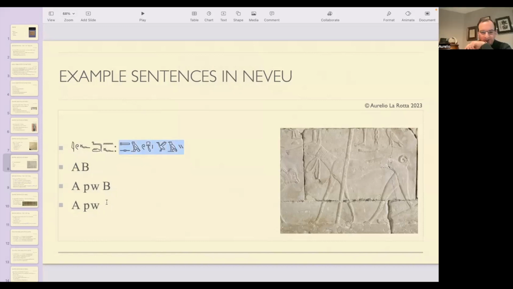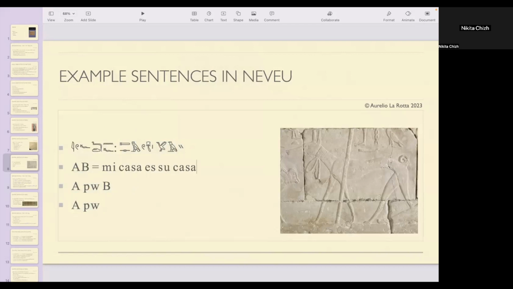So this is pretty much like this one, actually. It can also be A-B, but A-B is usually reserved for so-called balanced sentences, like meket E, meket Re, so my protection is the protection of Re, something like that. Anyway, this copula still derives from one of the demonstrative pronouns, so pi is also a demonstrative pronoun, so why not? It's actually not that weird when you think about it. Great call.